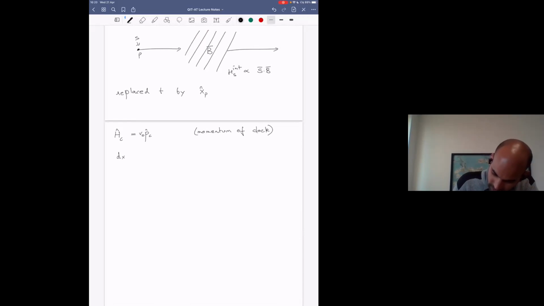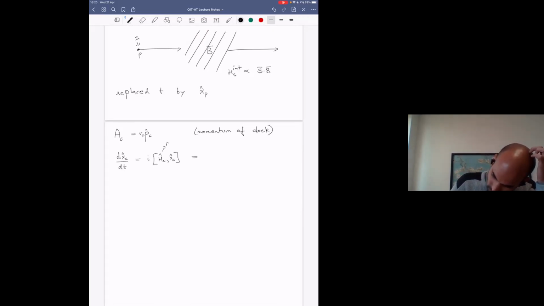Let's look at the rate of change. Now I'm working in the Heisenberg picture, where I keep the state the same, and I look at the rate of change of the operator x over dt, which is somehow the equivalent of the speed. I wish to not make a mistake in the sign. So it's i times the commutator of H_C with x_C, which is the definition of the derivative of the operators.